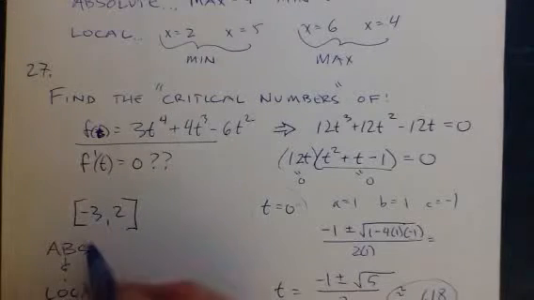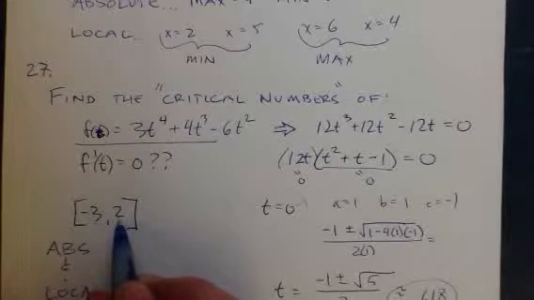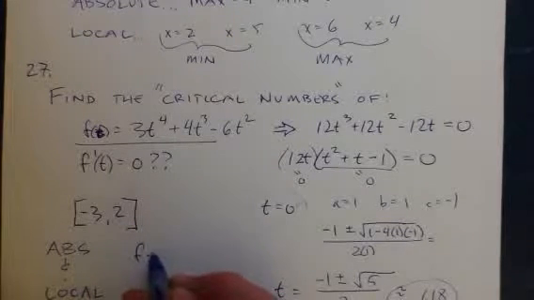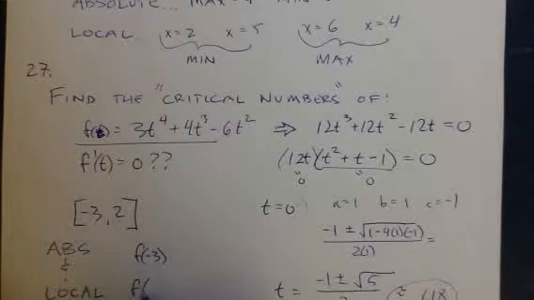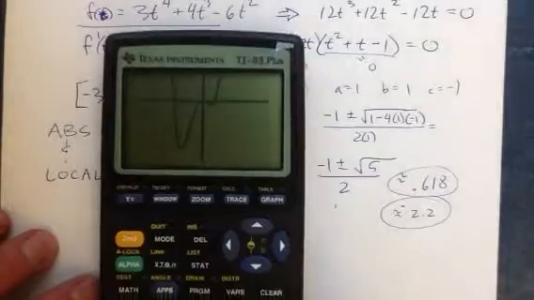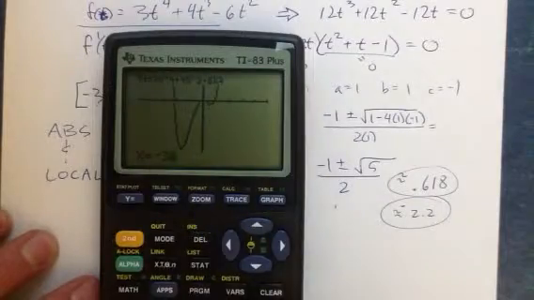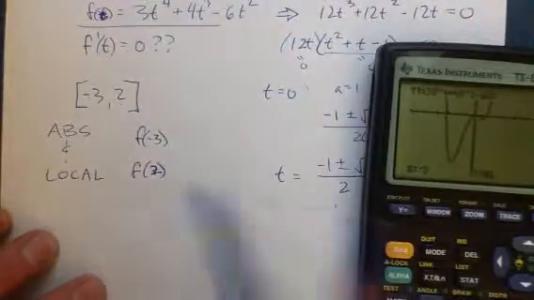So let's find that. The first thing you're going to do is plug in these values to find the endpoints. So what is f of -3, and what is f of +2? An easy way to do that on your calculator, I bet you know this, is to hit the trace button and then type in the value. If I type in -3 and hit enter, that gives me 81.